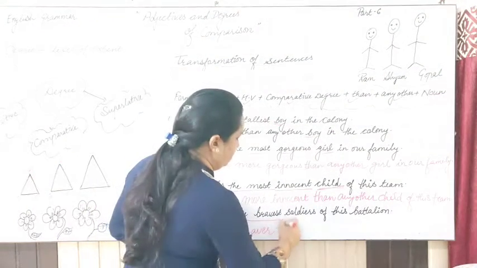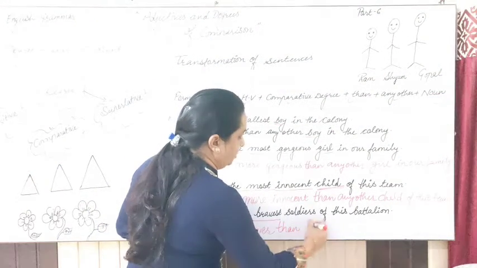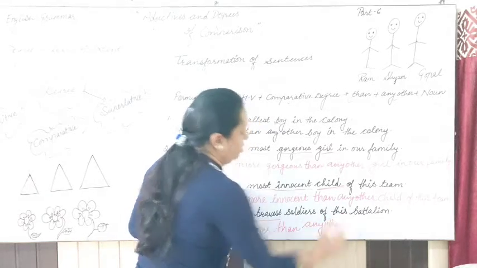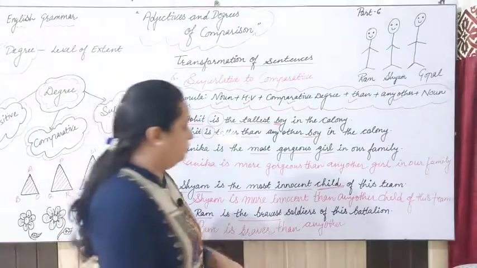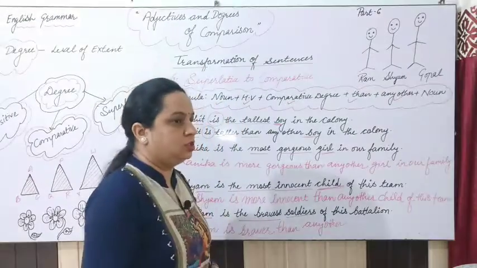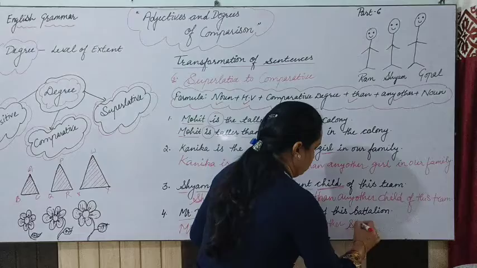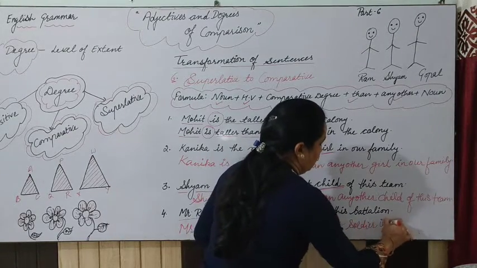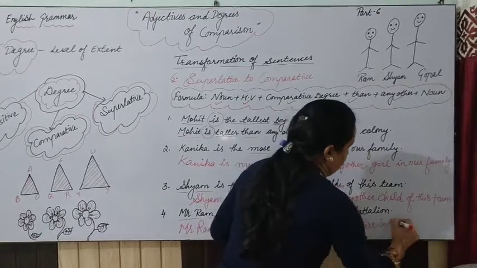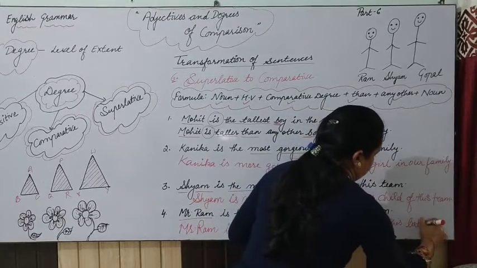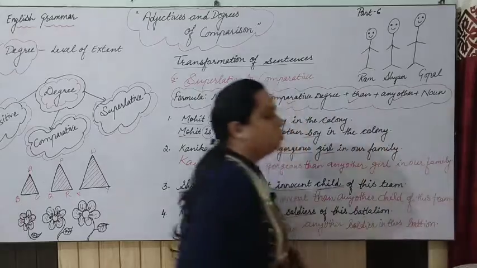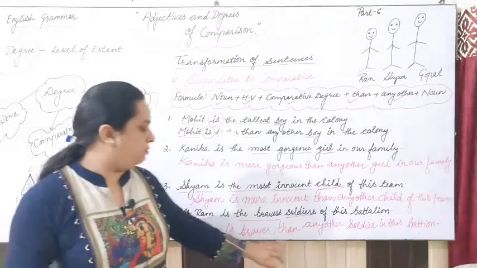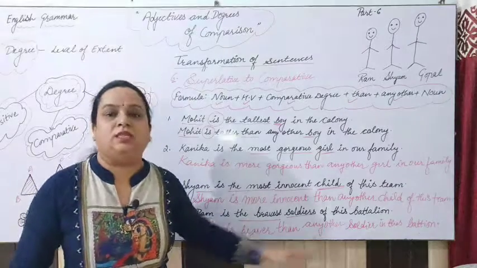After that you have to use than, then any other, then the noun. The second noun is soldier, in this battalion. Like this we have changed the sentence: Mr. Ram is braver than any other soldier in this battalion.